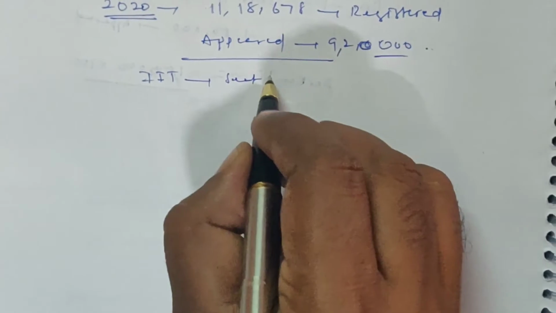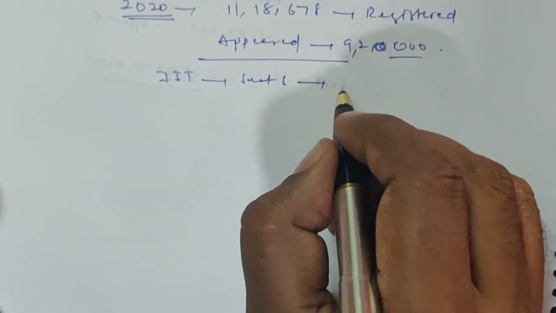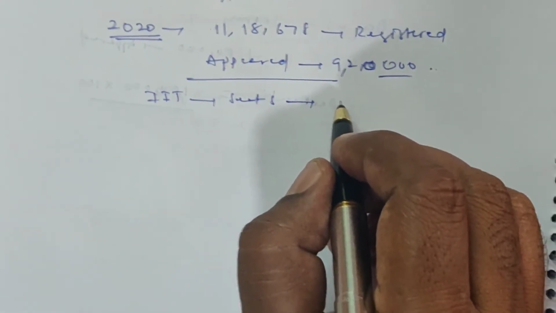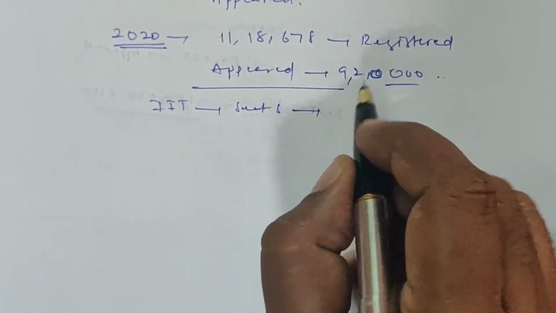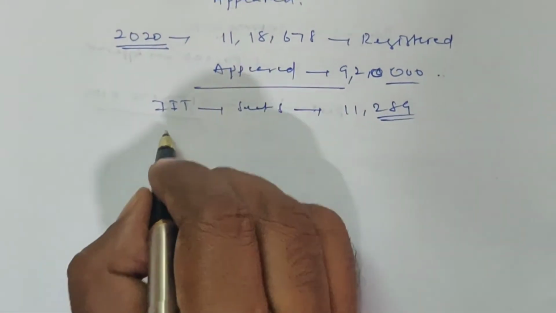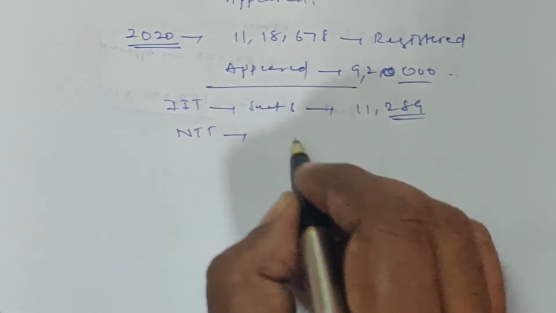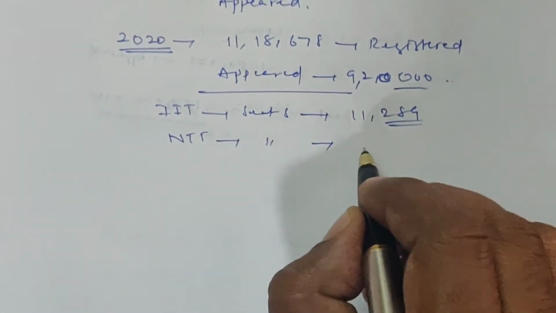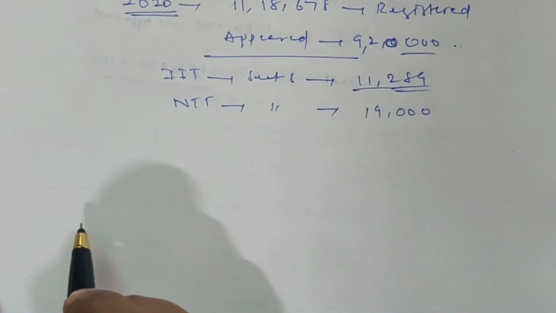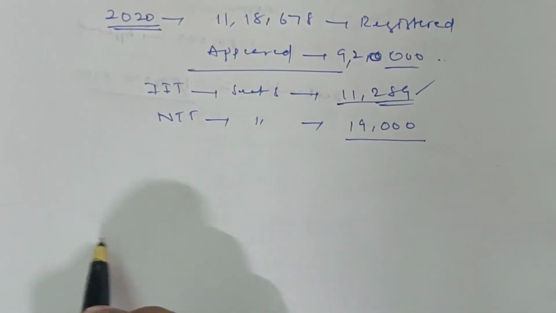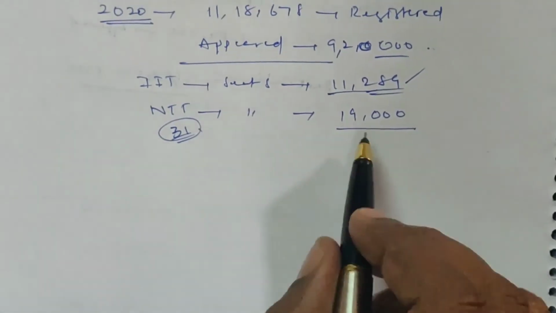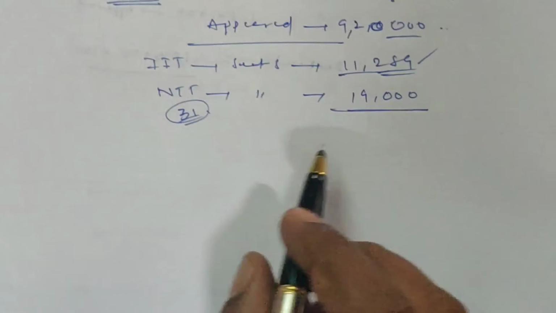Nearly 11,289 seats in IITs. NIT seats are nearly 19,000 out of 31 NITs. So these are the seats in India.